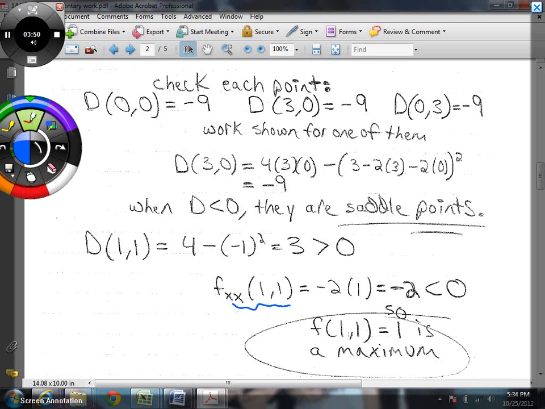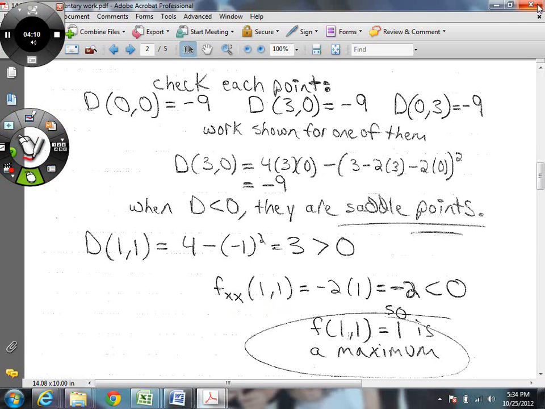You plug the 1, 1 in there, and you end up getting negative 2 times 1, which is negative 2. Whenever the second derivative is less than 0, that's a maximum, just like your single variable calculus. Alright, so I think we're good on that one.